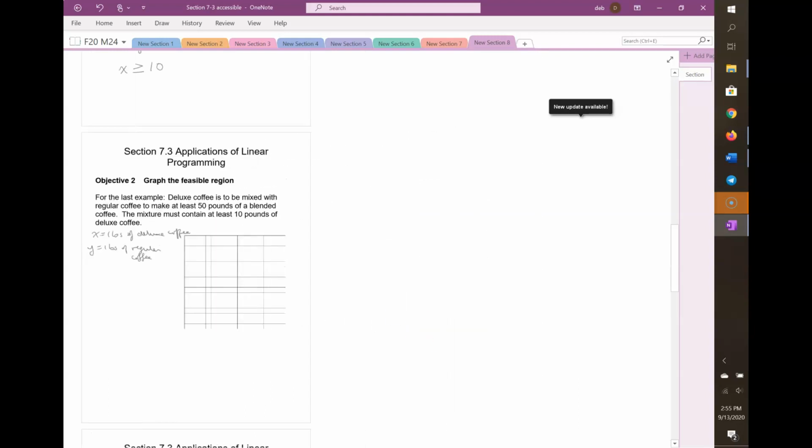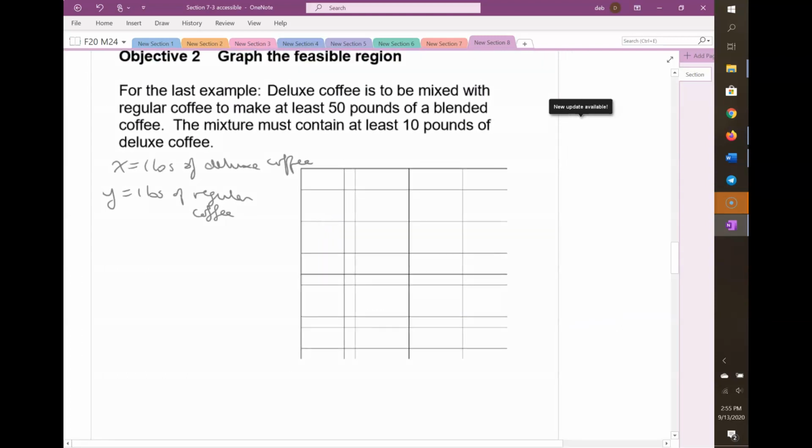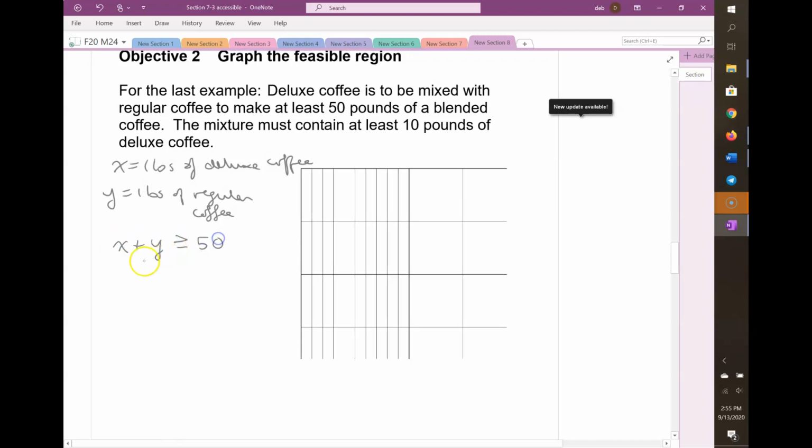Trying to see if I change the size, if my grid will look any better, but apparently not. Okay, so then we had X plus Y had to be greater than or equal to 50, and X had to be greater than or equal to 10.